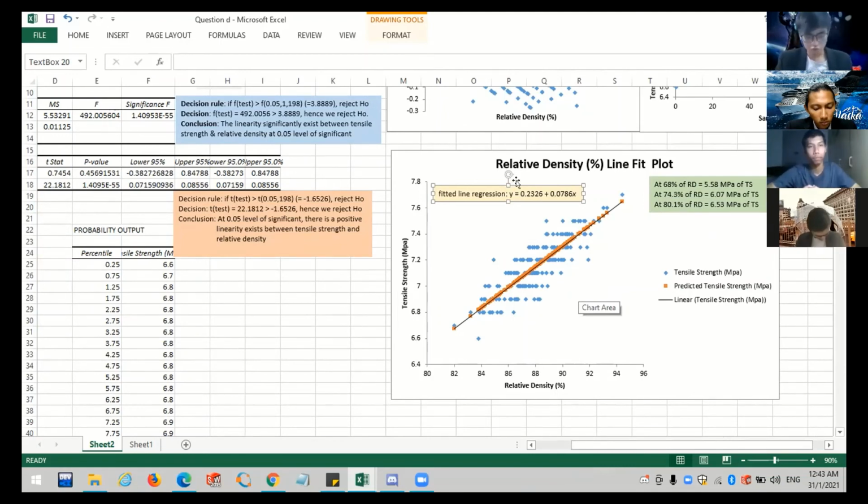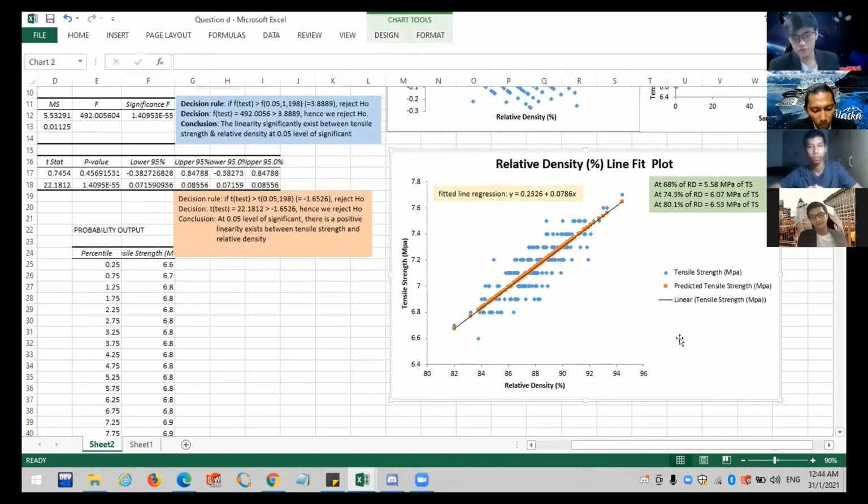But if we look closer at our observations, the range of relative density lies between a minimum value of 82 and a maximum value of 94.4. The values we need to predict are beyond this range, so we can't use this prediction because it is invalid.